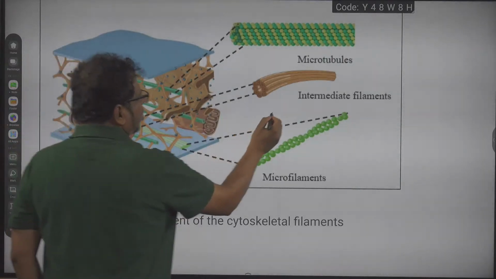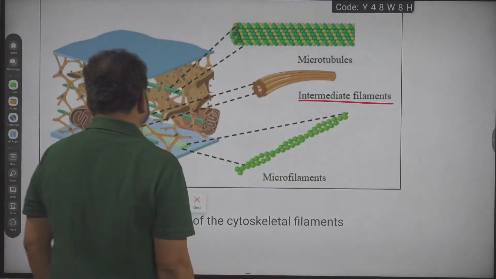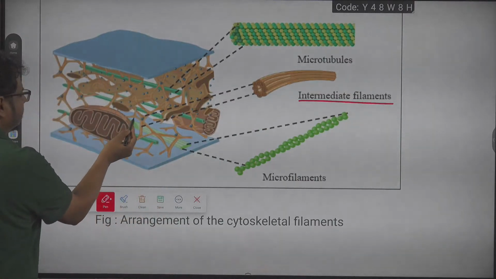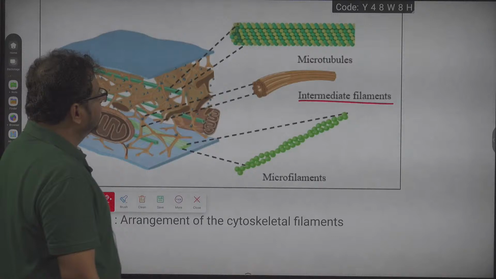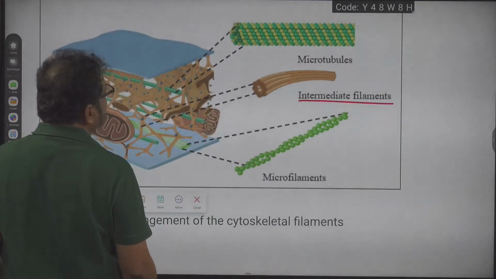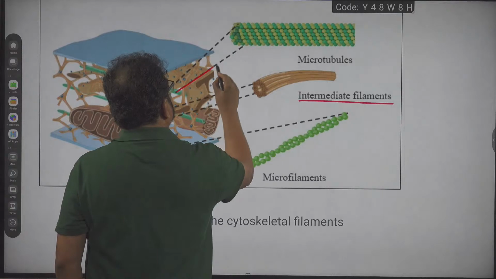See, here the intermediate filament is shown. See how this intermediate filament is holding the cell organelles. Are you getting the idea? Right? This is a tube-like structure. See here, it is a tube-like structure.